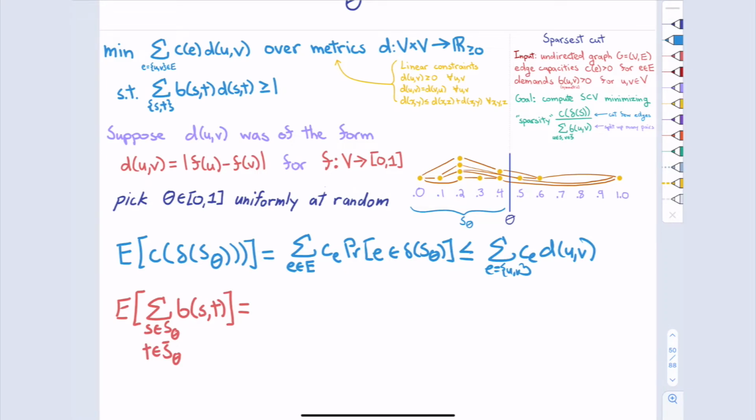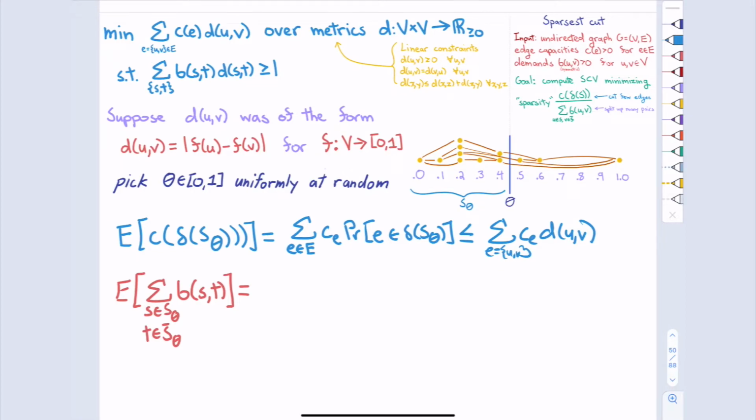And the denominator would be essentially the same thing. You can think of the demands as being like edge weights of the complete graph. So the same argument goes through, and this time you get the sum over all pairs e equals uv of the demand d_uv times the distance d(u,v).